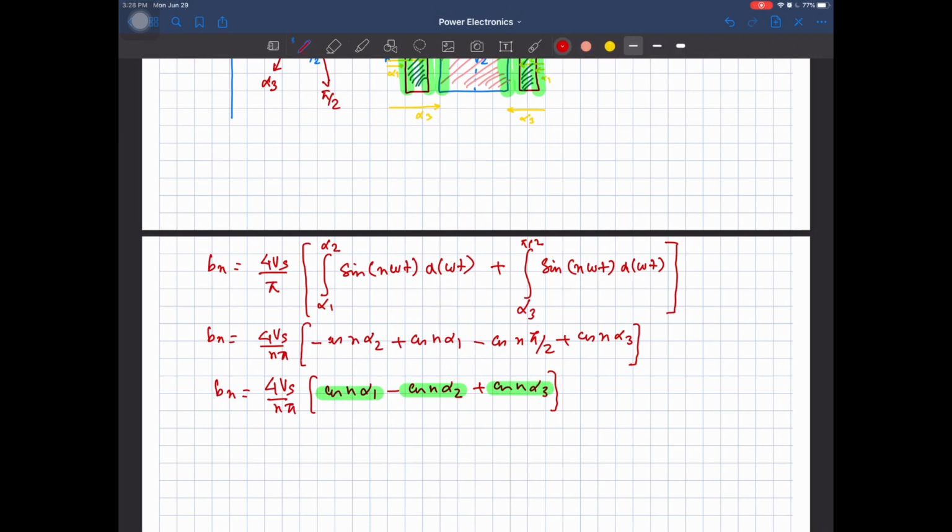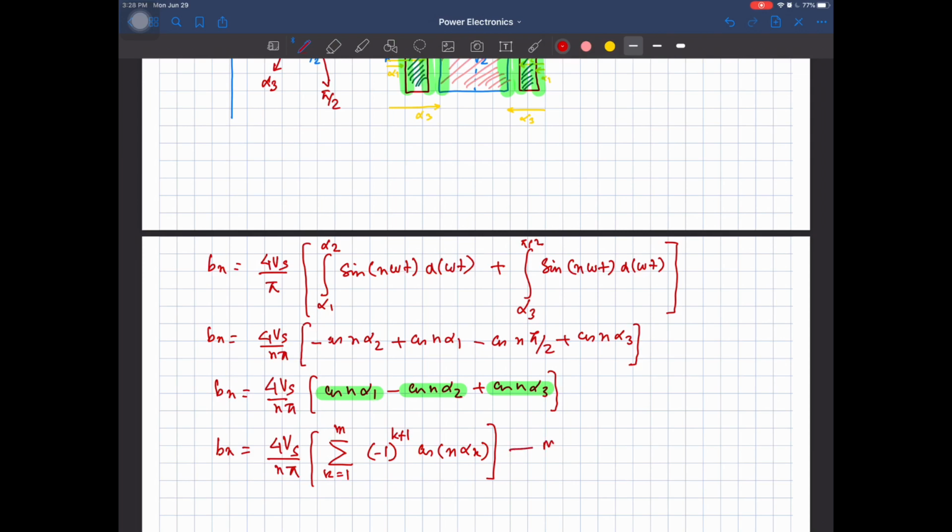In generic form, I can write this expression as Bn equal to 4Vs by n pi, and if there are m notches or edges per quarter cycle, then the summation goes from k equal to 1 to m. To adjust the sign, I can say minus 1 power k plus 1 into cos of n alpha k. So this expression can be written like that.